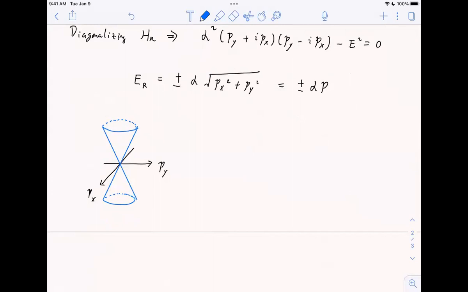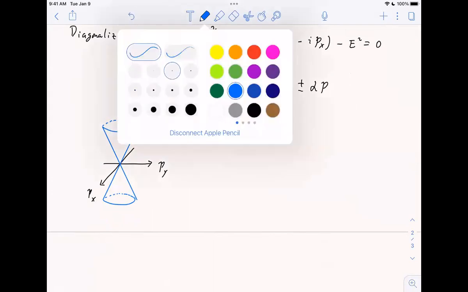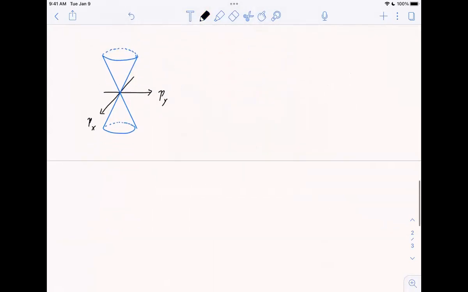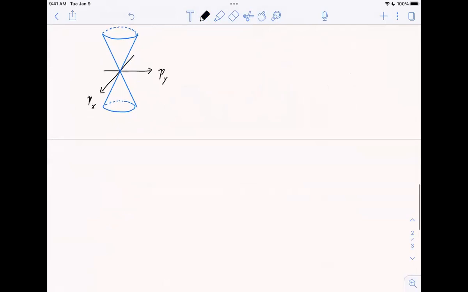The interesting thing is the spin texture. This cone has a very interesting spin texture. So let's solve the wave function. Let's say Py plus i Px equals P e to the i theta.